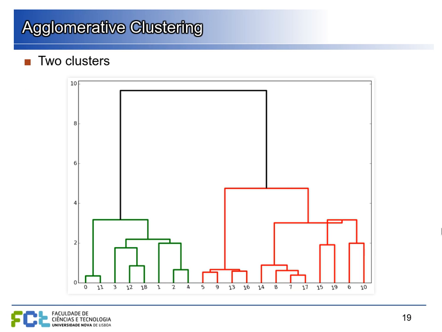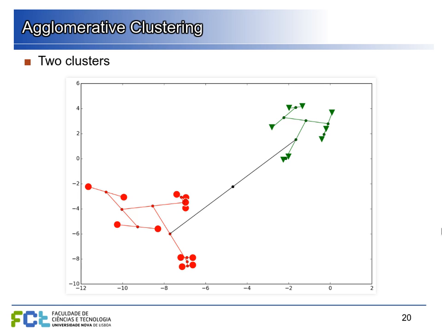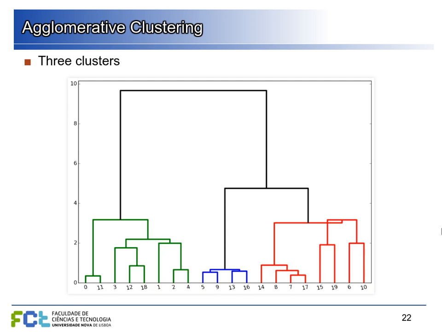For example, suppose that we break this down into these two branches of the tree. We have two clusters here. So we can divide all our data into these two clusters by cutting away the last branch of the tree.